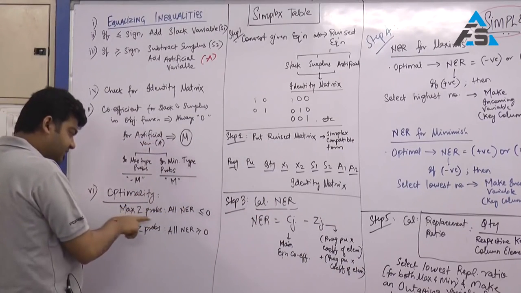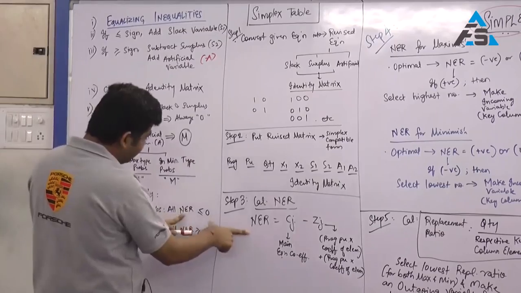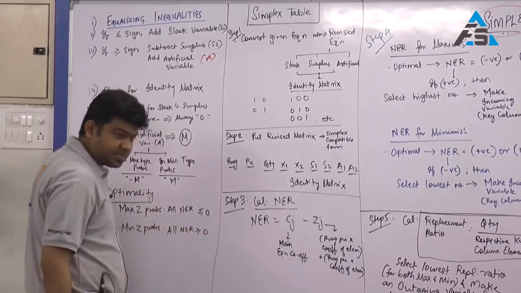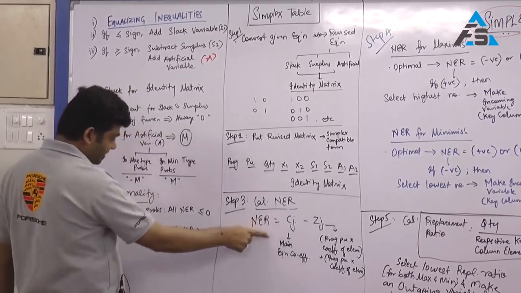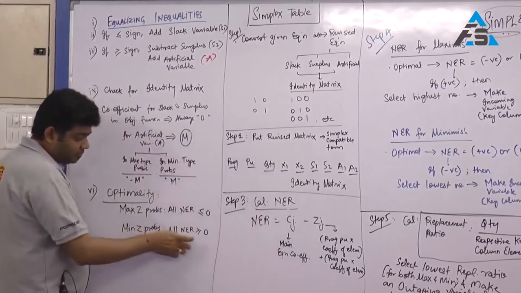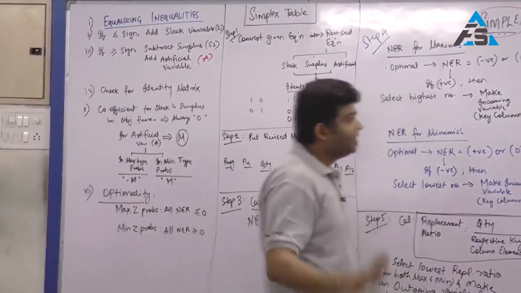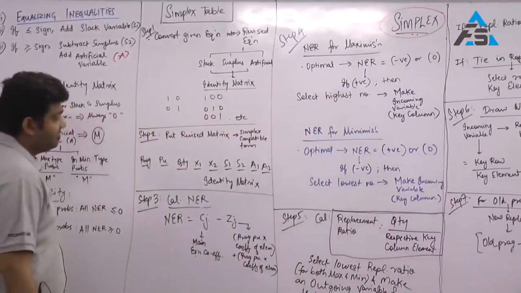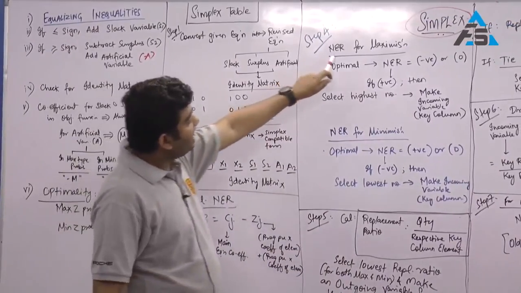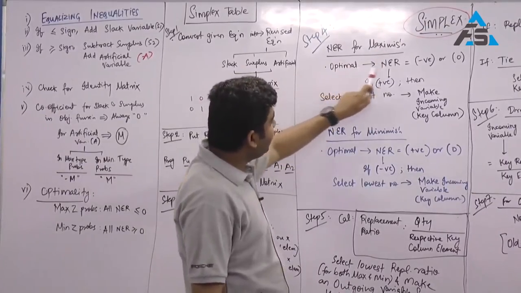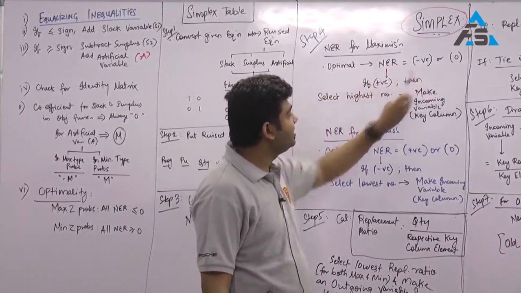So in a maximization type problem, if this NER is less than or equal to 0, then I will say I have reached optimality. If in a minimization type problem all NER is greater than or equal to 0, we will say we have reached optimality. If we reached optimality, fair enough. But what if we do not? So NER for maximization, optimality reached when NER is negative or 0.